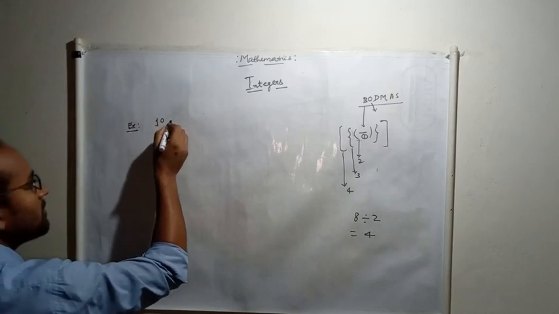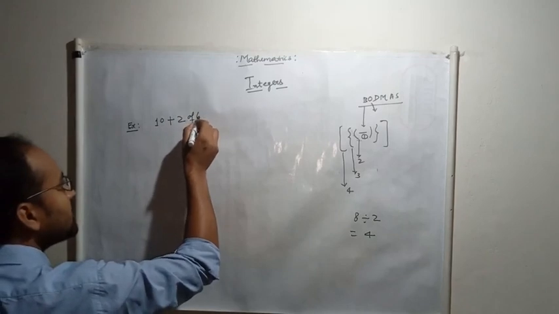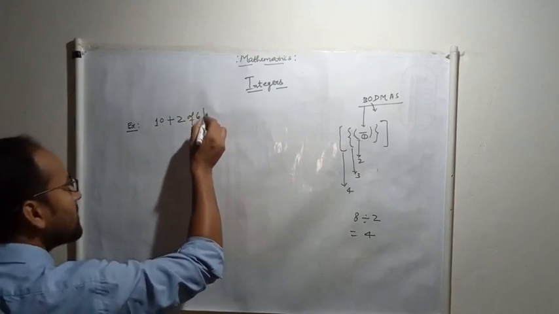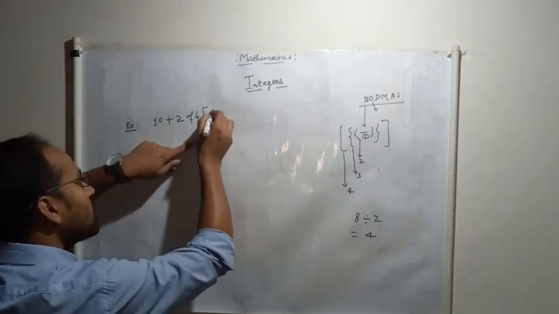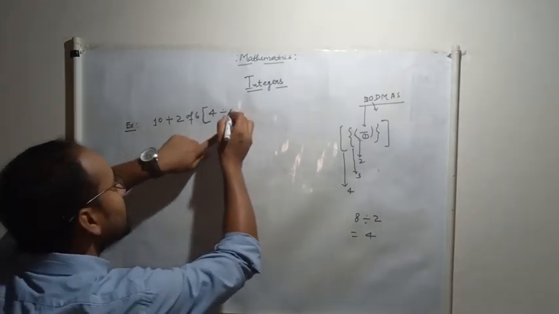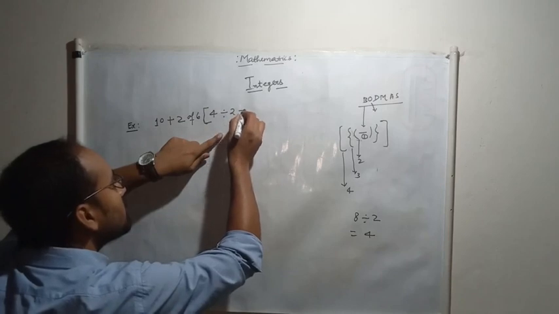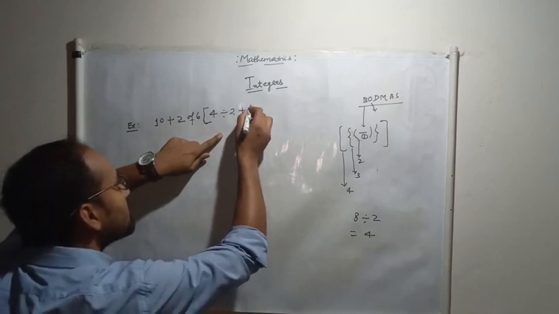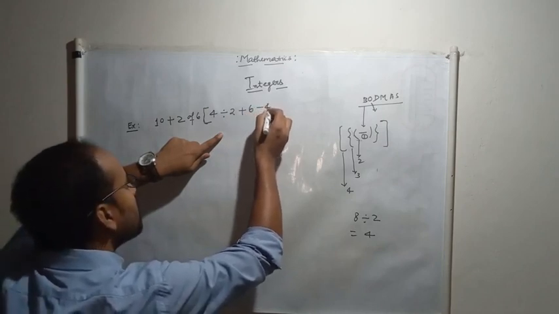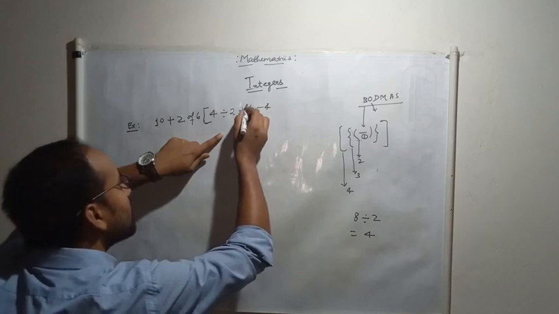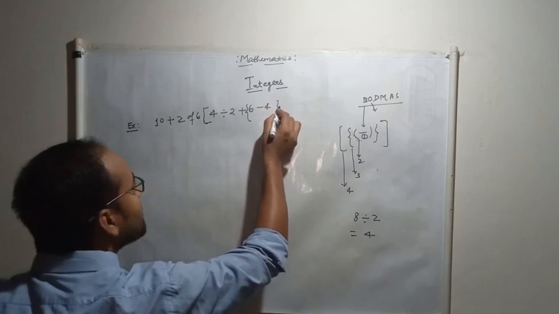10 plus 2 of 6, bracket, square bracket, 4 divided by 2 plus 6 minus 4, that one is in a curly bracket.